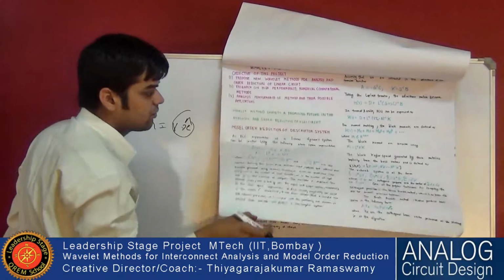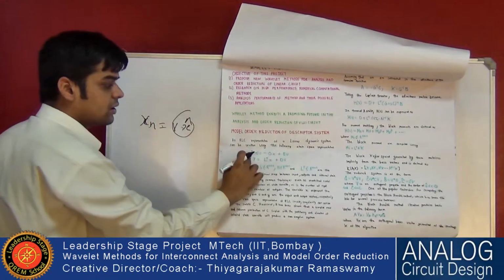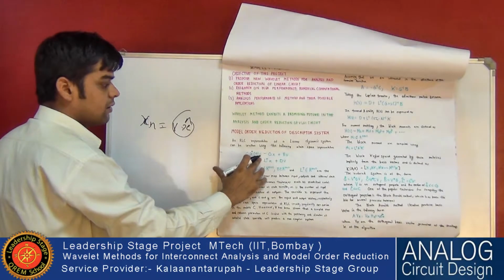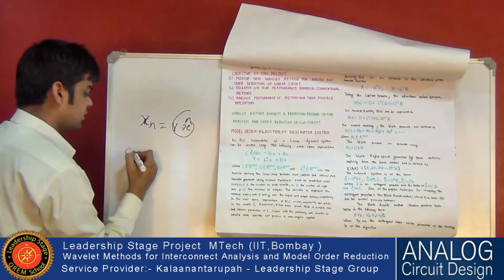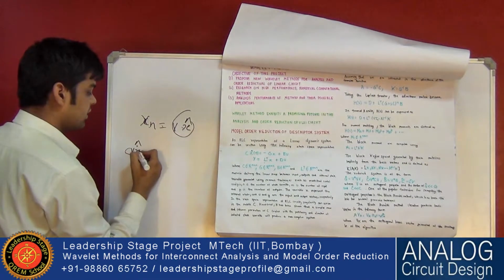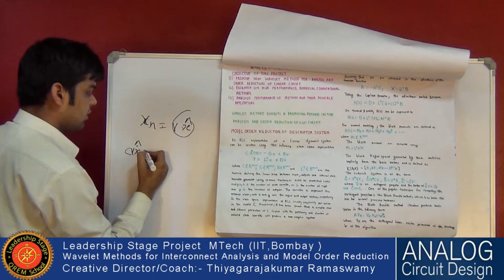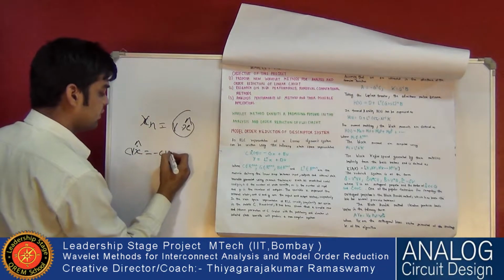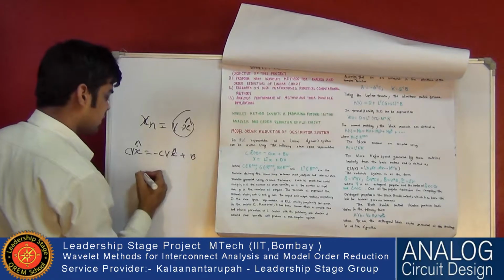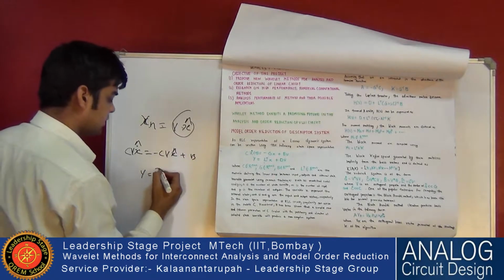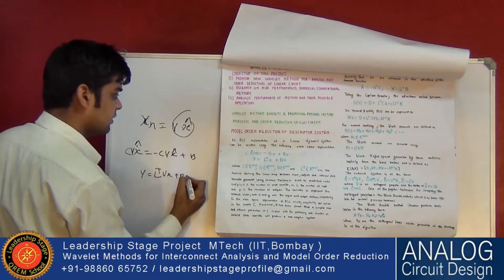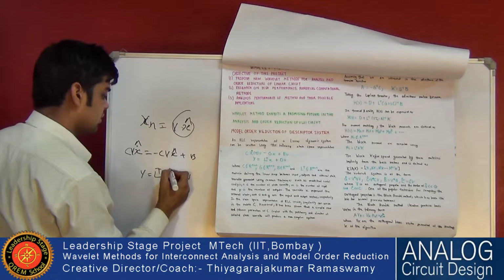This equation will become C dot V x bar dot minus G V x bar plus B u, and y equals L transpose V x bar plus D u.